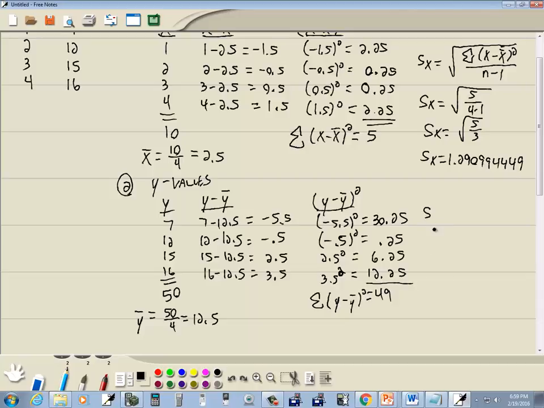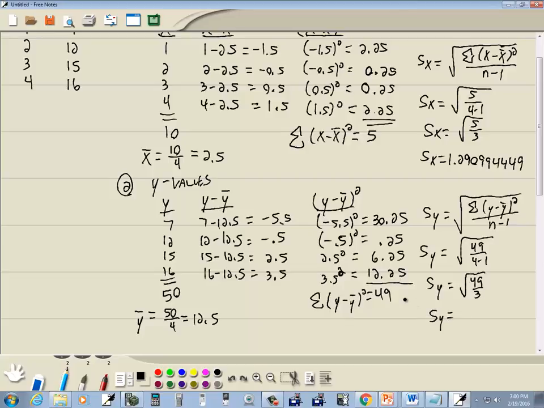So then s sub y is going to equal the square root of the sum of y minus y bar squared divided by n minus 1. So s sub y is equal to 49 divided by 4 minus 1. S sub y is equal to 49 divided by 3 inside of a square root.